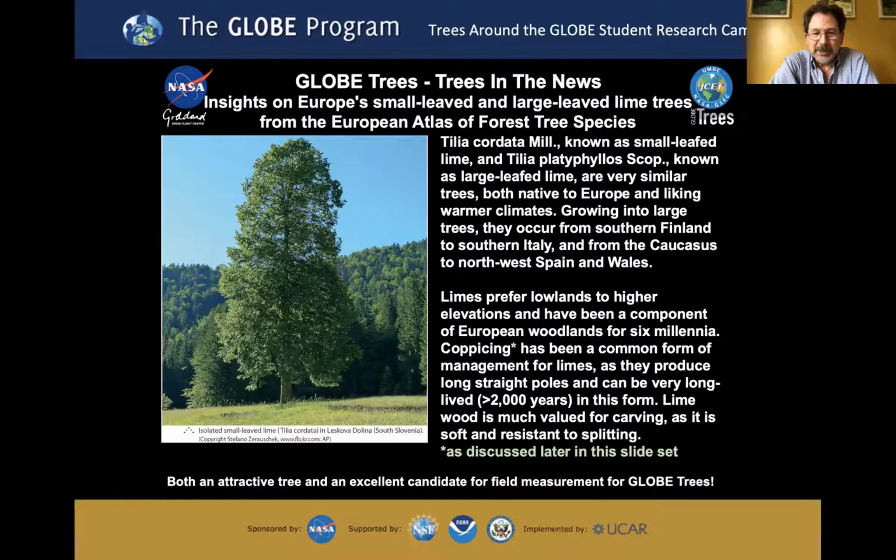Basically, it's a long-term woodland management strategy that has been identified even in historic logs. Some interesting things to know about the small leafed lime here. And next slide.